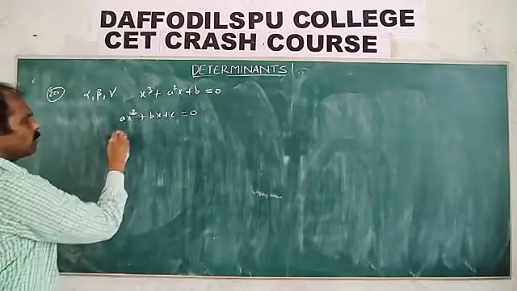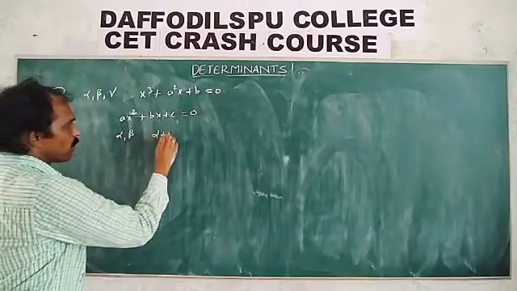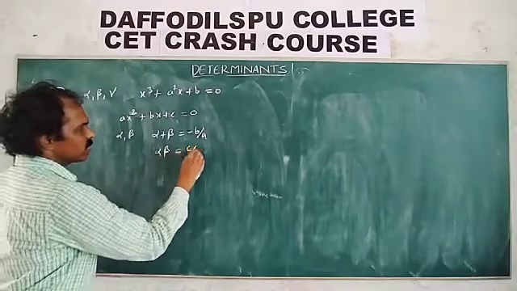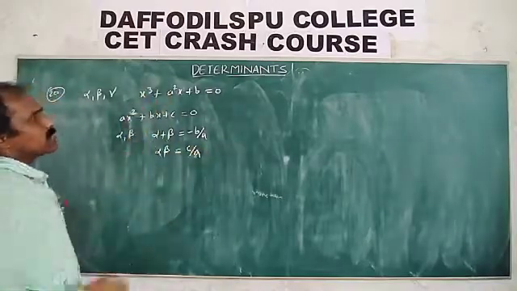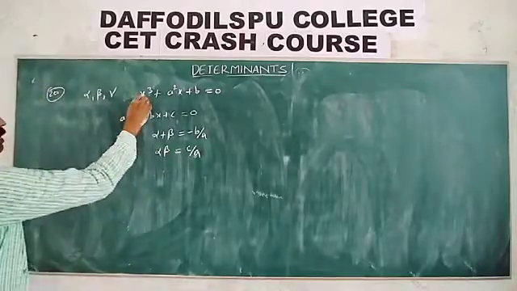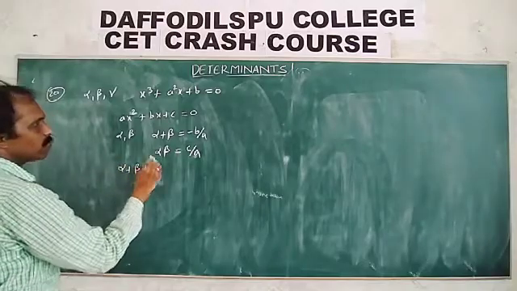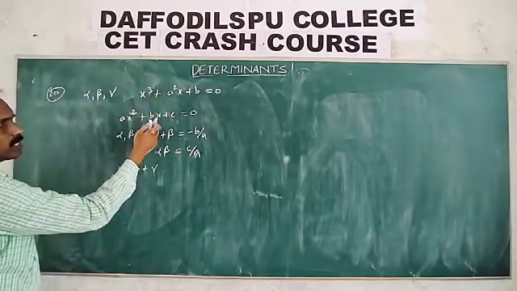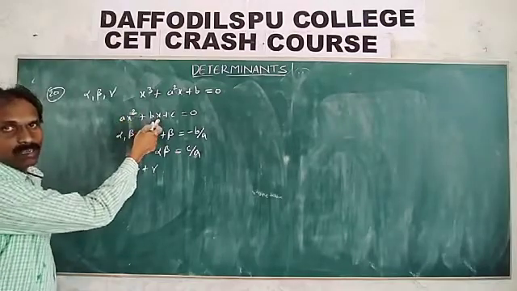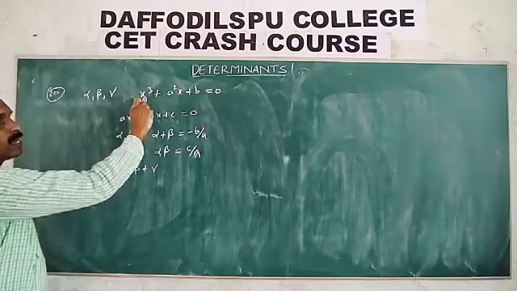If alpha, beta are the roots, the sum of the roots alpha plus beta is minus b by a, and the product of the roots is c by a. Like this, for the cubic equation, this is theory of equations. Here, three roots. Alpha plus beta plus gamma is minus the x square coefficient by the highest power coefficient.